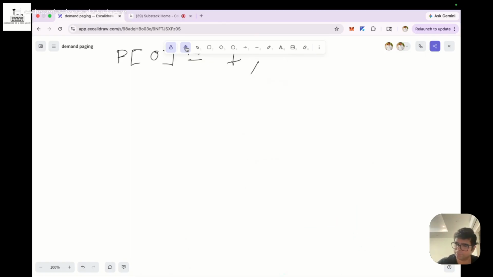Let's start by revisiting how the virtual memory address space looks, and from there we will move towards how the kernel manages this address space.